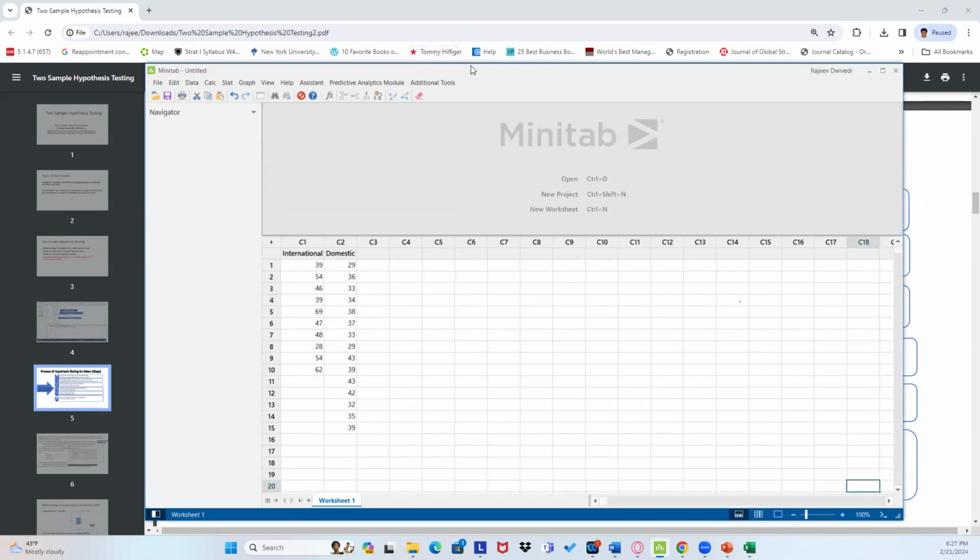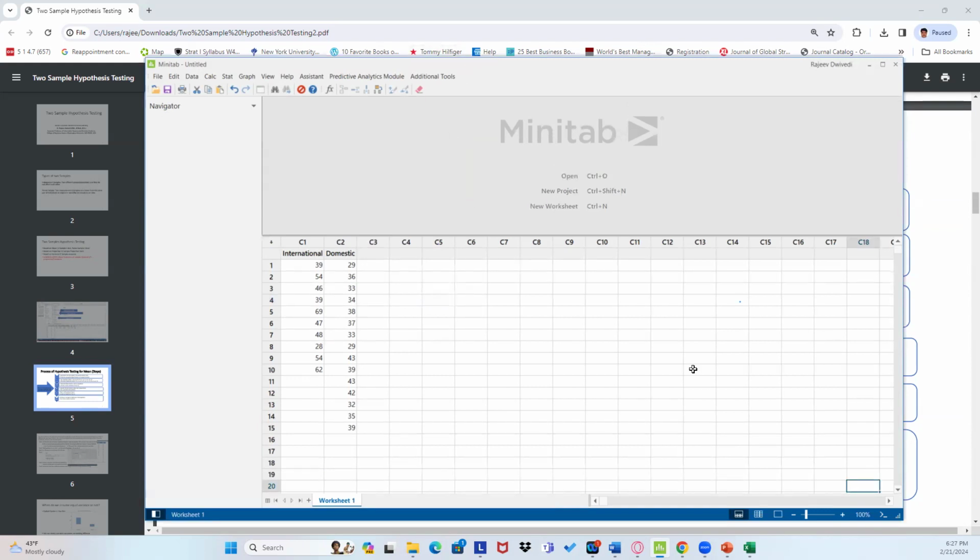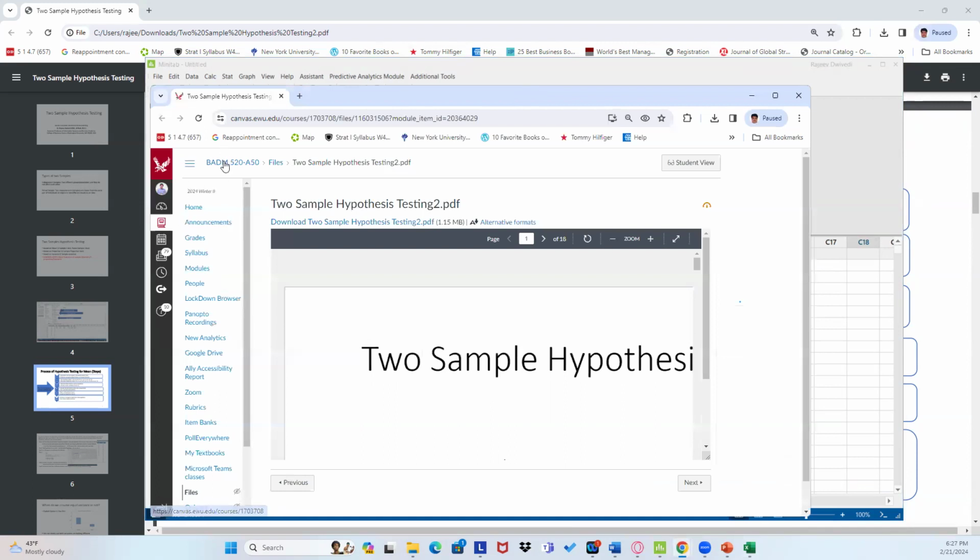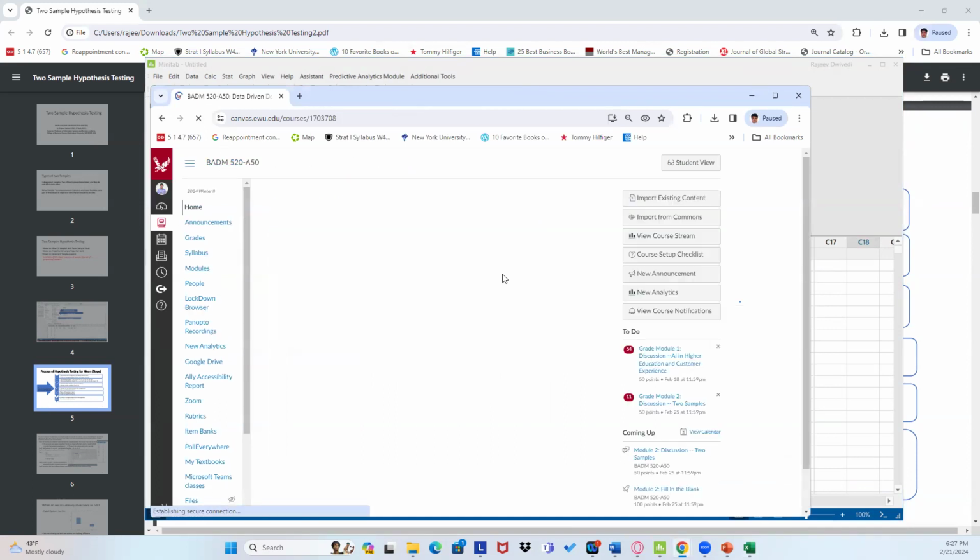Did you enter this data yourself from the problem sets, or were you able to port this over? Okay, problem sets. I basically just got this from the book, and this data set is shared at the bottom of the module. So I can show you that.